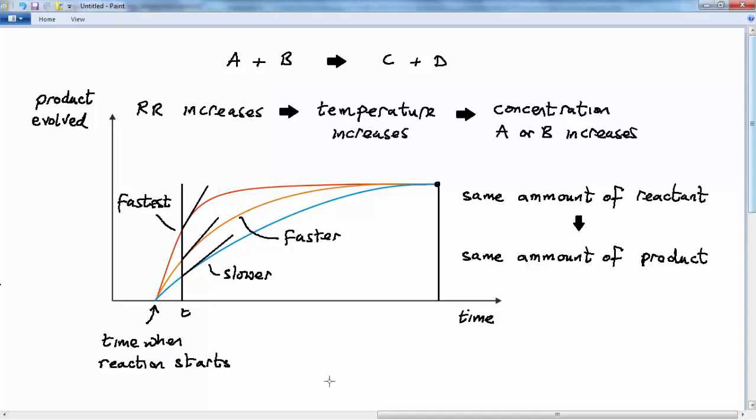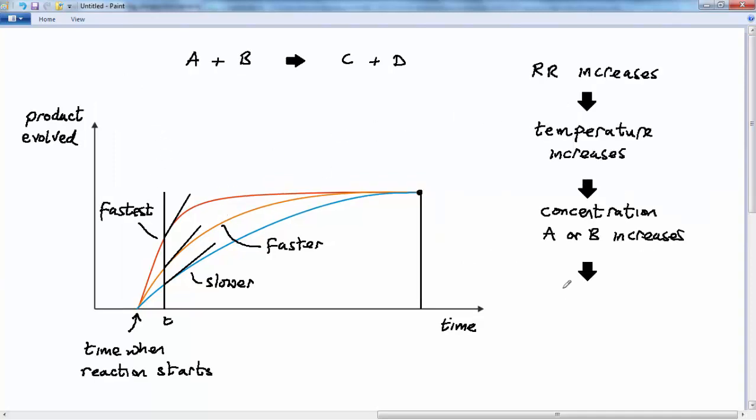Okay, so we're saying that by increasing the temperature, concentration, or the surface area of either reactant, this would result in an increase of reaction rate. And the fourth factor, as you probably remember, is if we introduce a catalyst to help the reaction go faster. Okay, so we may have a catalyst involved.